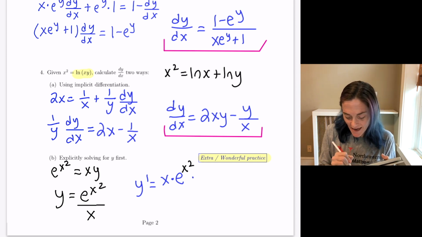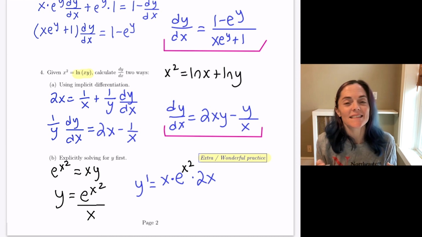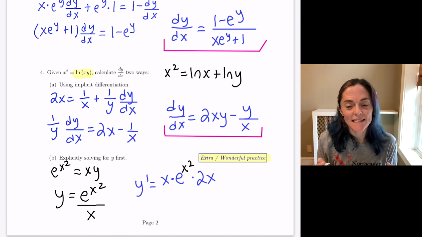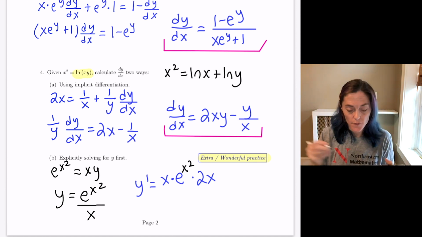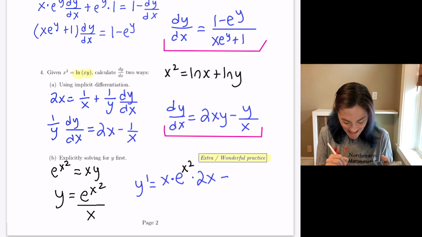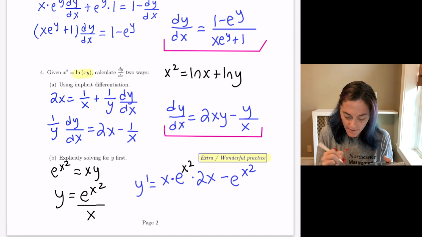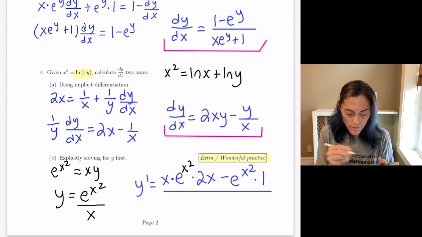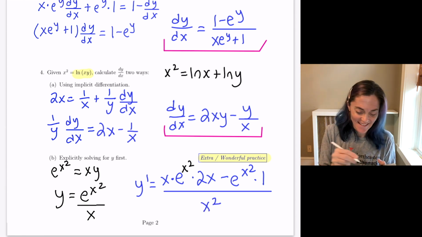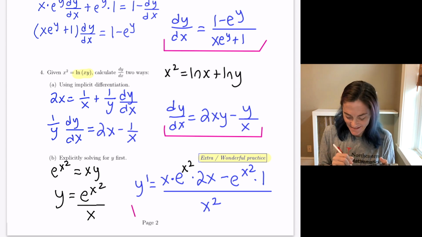Derivative of the outside evaluated at the inside times derivative of the inside function. Denominator times derivative of the numerator minus the numerator times the derivative of the denominator, which is 1, and then all over the denominator squared. That was fun.